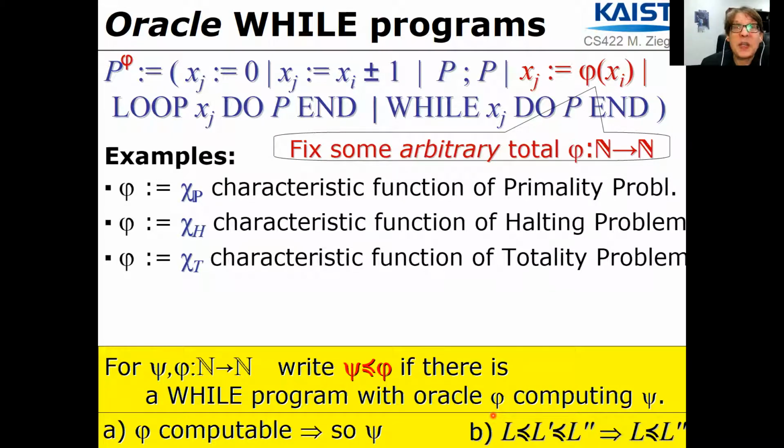One property that I'd like you to verify is that if phi is computable, then so is psi under this reduction, which makes sense if we recall the intuition behind the meaning: psi should be at most as difficult as phi. So if phi is already computable, then we expect that psi is computable too. It cannot be harder by the intuition, and you're asked to prove that, which is kind of trivial.